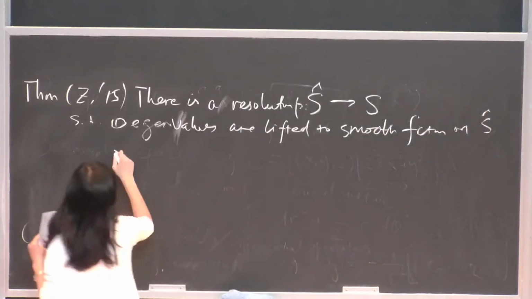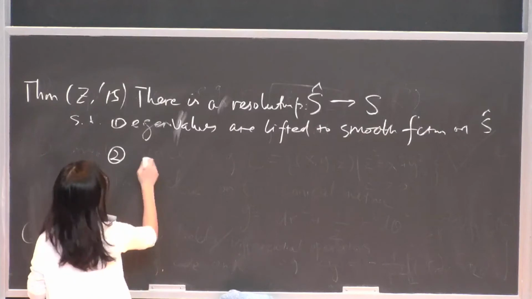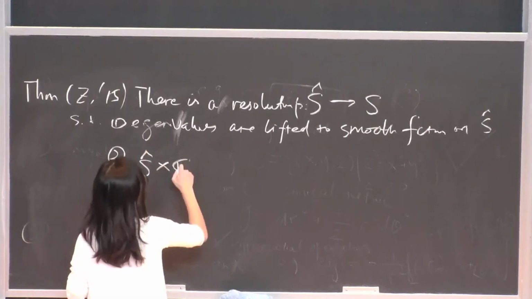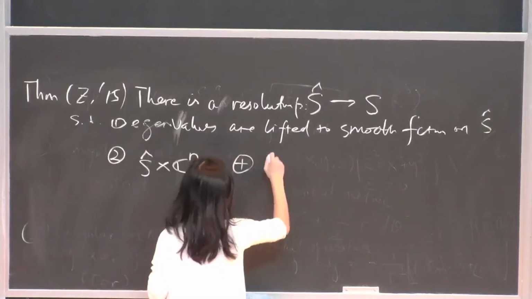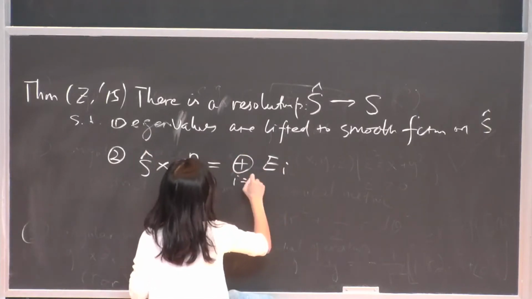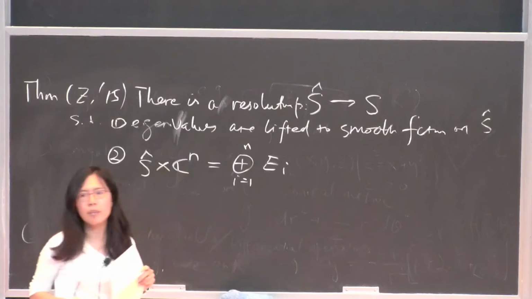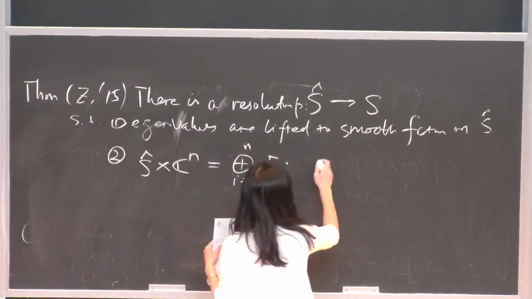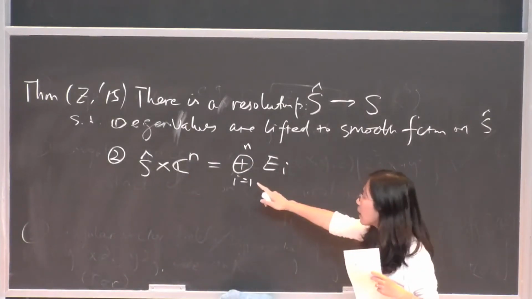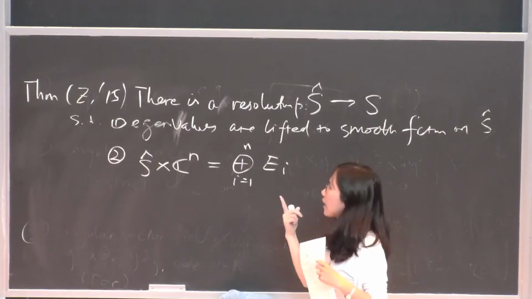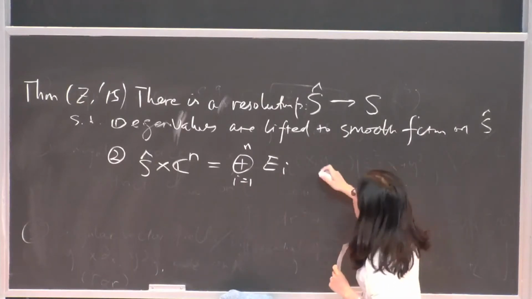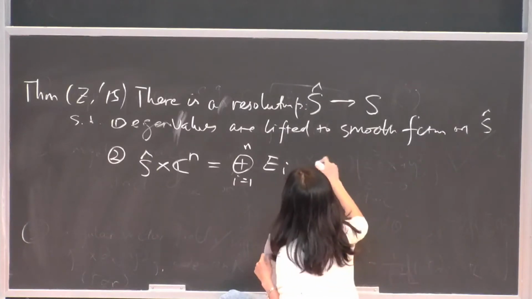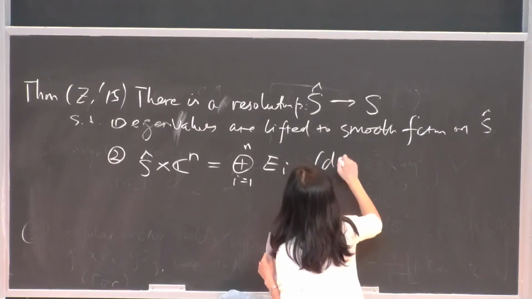And secondly, there is a global decomposition: this trivial bundle S hat cross Cn decomposes into n bundles, and each of them is an eigenbundle. Meaning that if you take one point and pick one of the eigenvectors, then this eigenvector will extend to nearby points as well, to this global thing. So it decomposes globally.